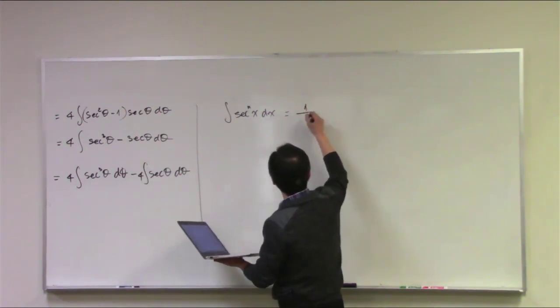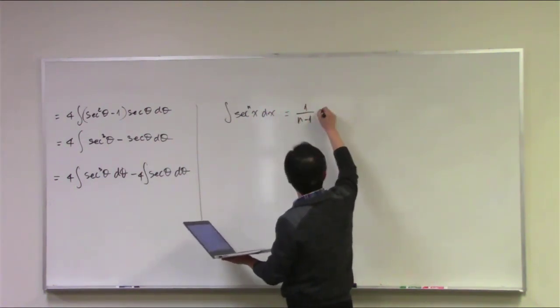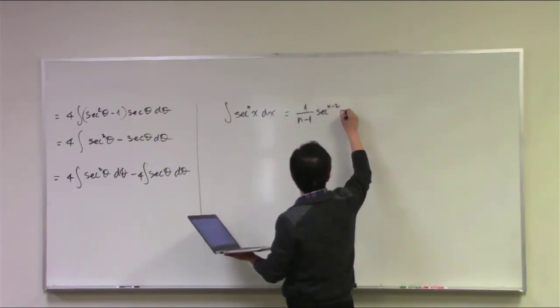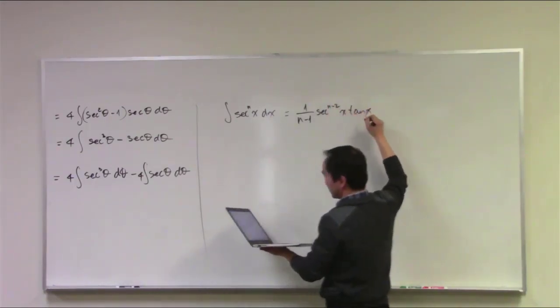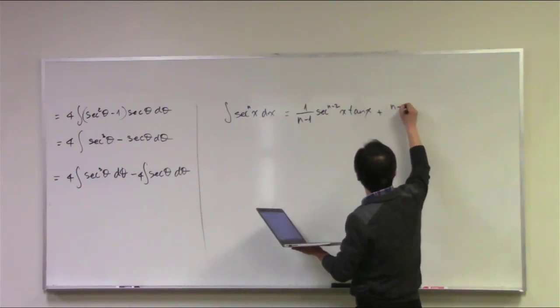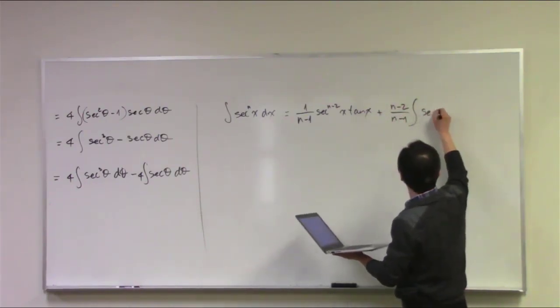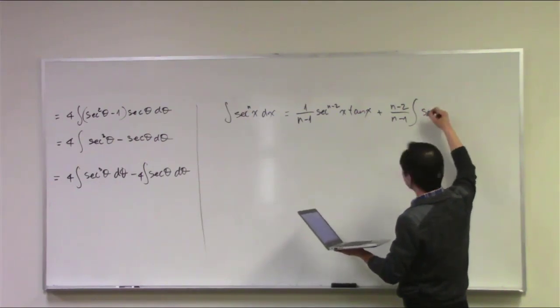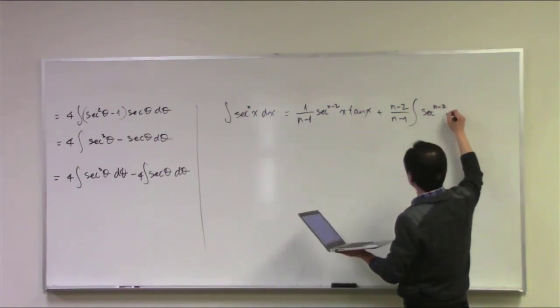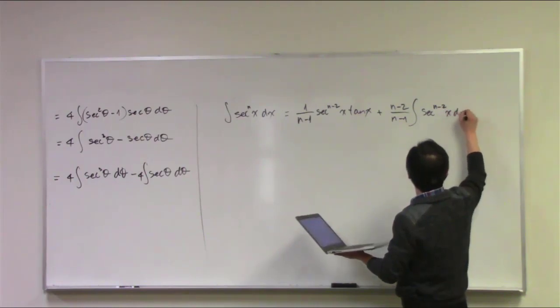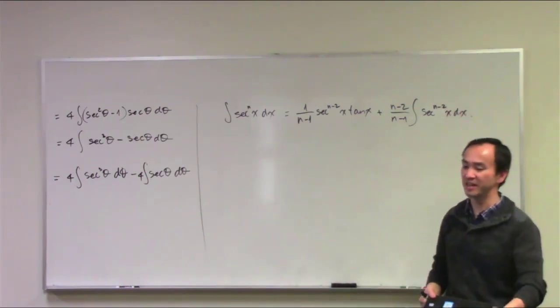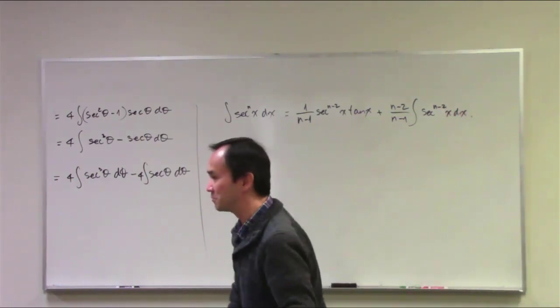It's 1 over n minus 1 times secant to the n minus 2 of x times tangent of x, plus n minus 2 over n minus 1 times the integral of secant to the n minus 2. You don't have to remember these formulas; think of them as a pocket reference to carry around everywhere you go.